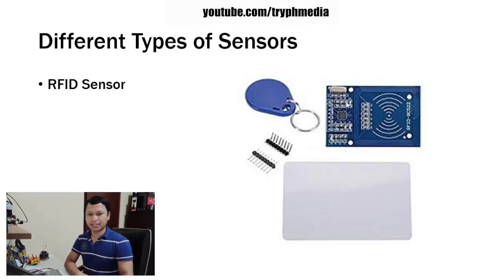So this is the ID and this is the sensor. Basically it's sensing an RF signal coming from this ID, and the RFID has a specific unique code that it's able to detect.